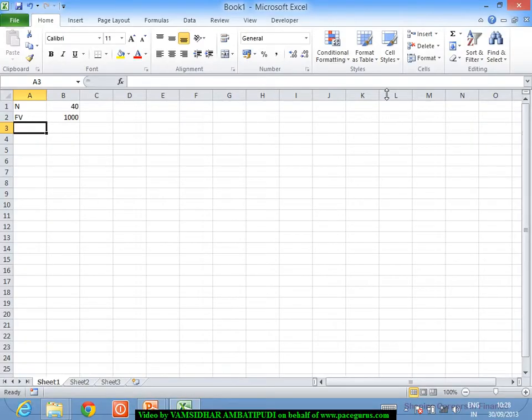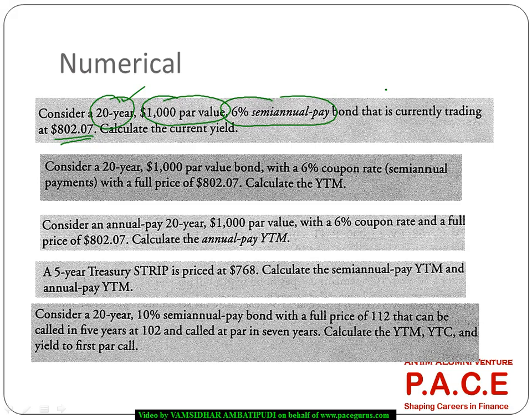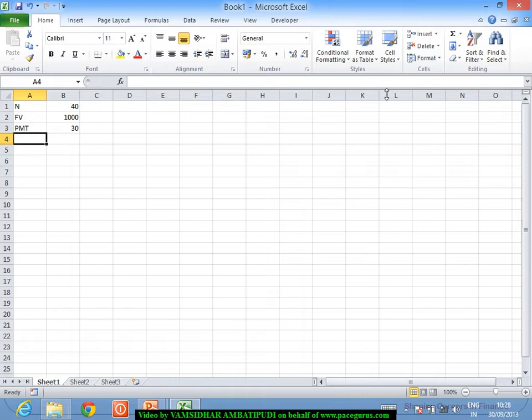And 6% semi-annual. So 6% of 1000, which is 60, is on an annual basis. Because it's a semi-annual payment, I'll take the PMT as 30. And currently traded at 802.7. The present value, I'll take it as minus 802.7.